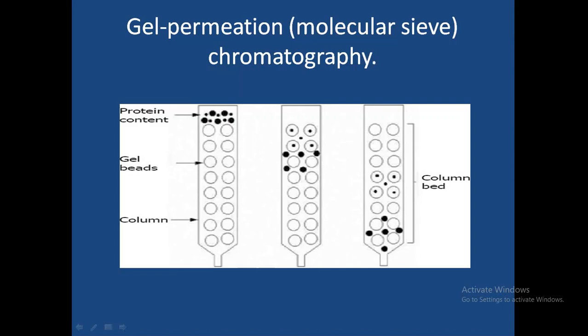So you can see the column filled with the gel beads, and the protein solution is applied at the top of the column, and you can observe the movement of the protein molecules along the column, along the gel beads, and when it settles down at the bottom of the column, you can collect it in various vessels or test tubes like that.